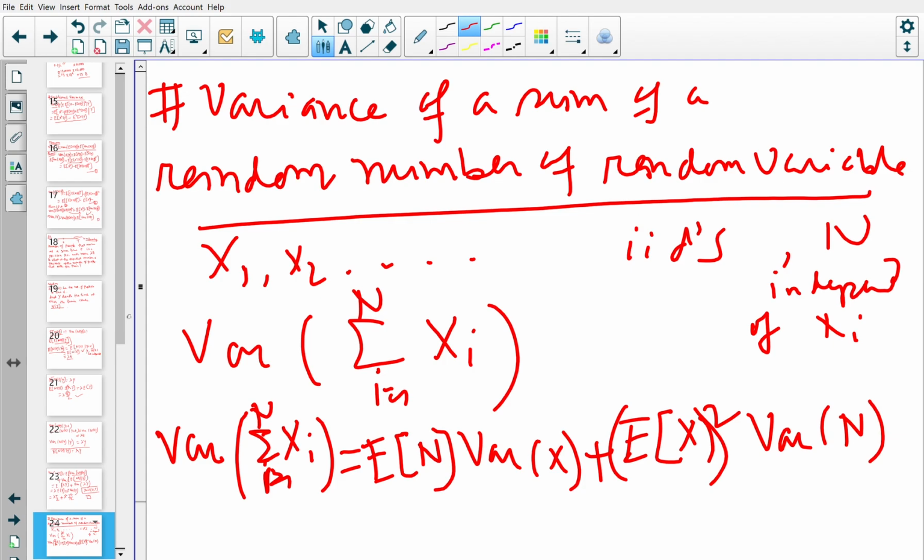What you need to find first is the conditional variance of the sum of Xi given N and the conditional expectation given N, and then you use the conditional variance formula, and you are done. So the problem is simple.